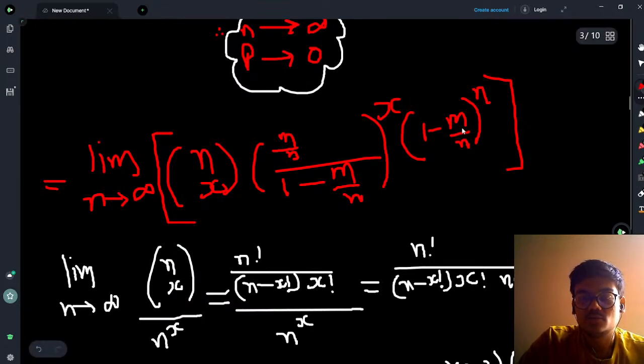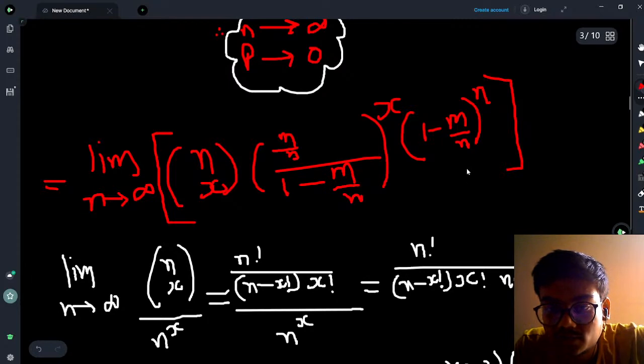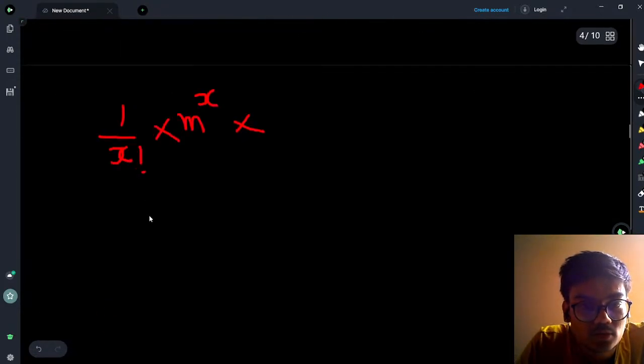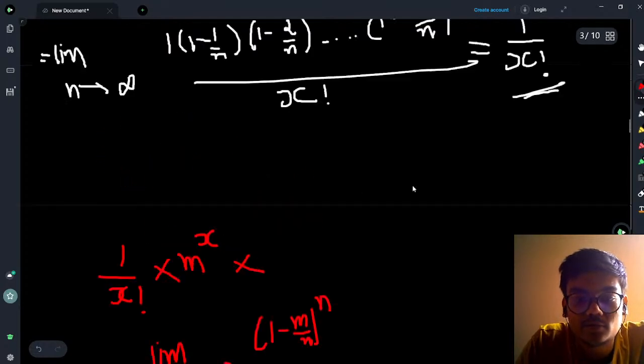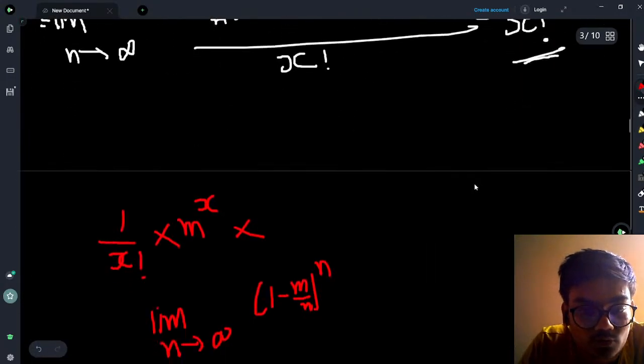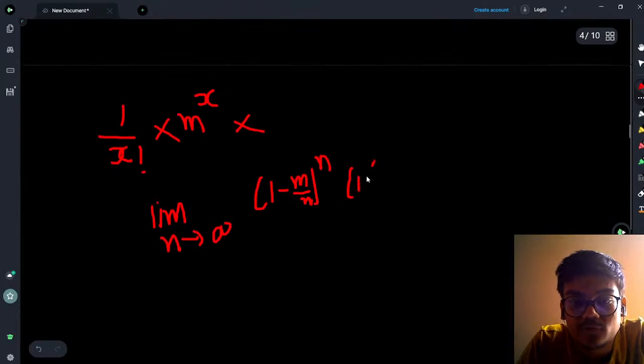So here we are getting e raised to minus m. If you want, I can also solve the limit like this: limit n tends to infinity, 1 minus m by n, raised to n. Yes, let me check. Yes, it's true. Now this is the form of 1 raised to infinity.